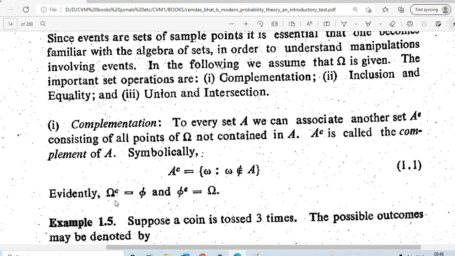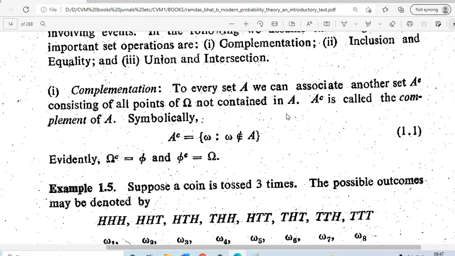The complement of the whole set is the null set, phi. Null set means there is no element in that set. And the complement of the null set is omega. Okay, that you know the idea.